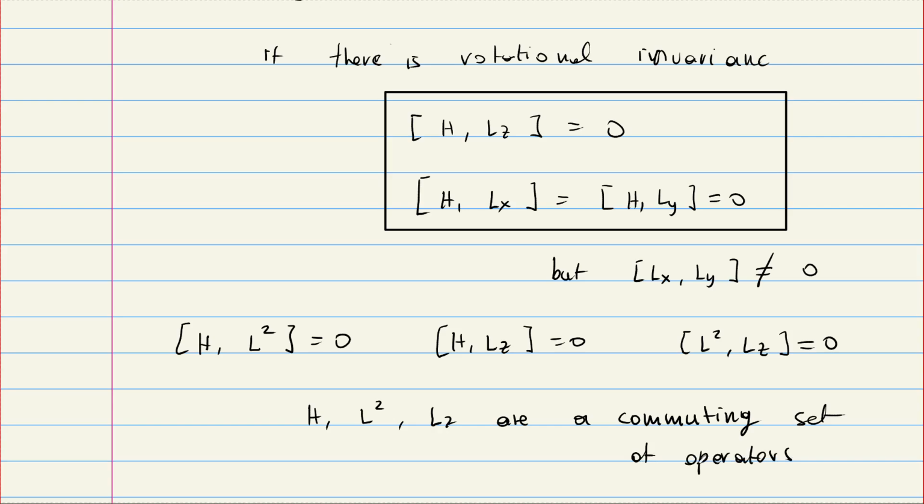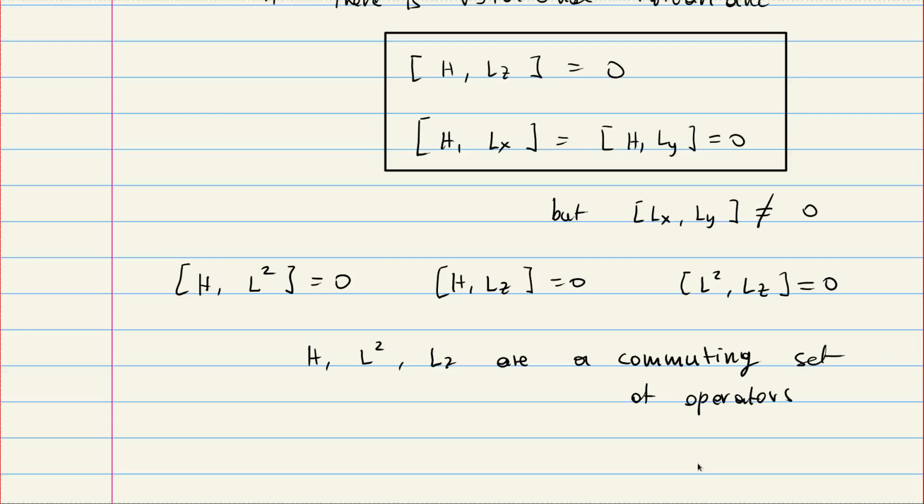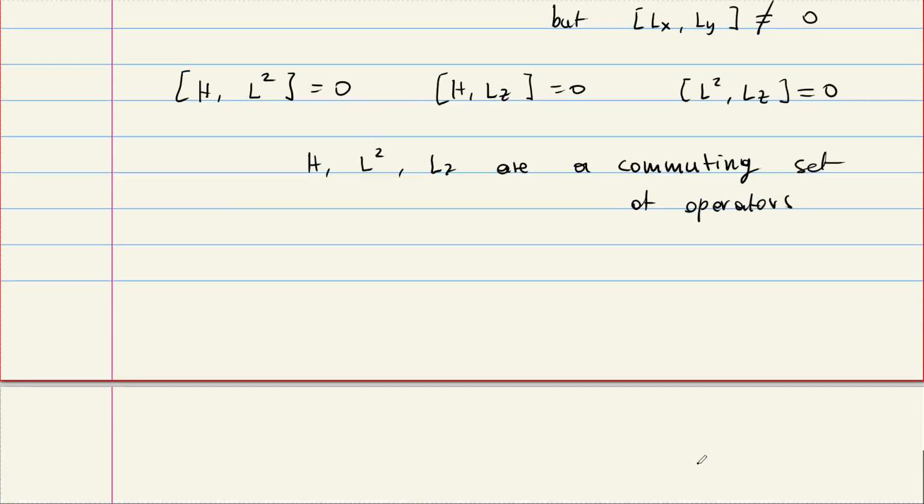Then I can use their eigenfunctions because they have common eigenfunctions. Right? They can be diagonalized simultaneously. And this is why we have label n for H, label l for L squared, and label m for Lz, and our wave functions are labeled with n, l, m. Okay, that was like a theorem we proved a while ago without appealing to any concrete system.